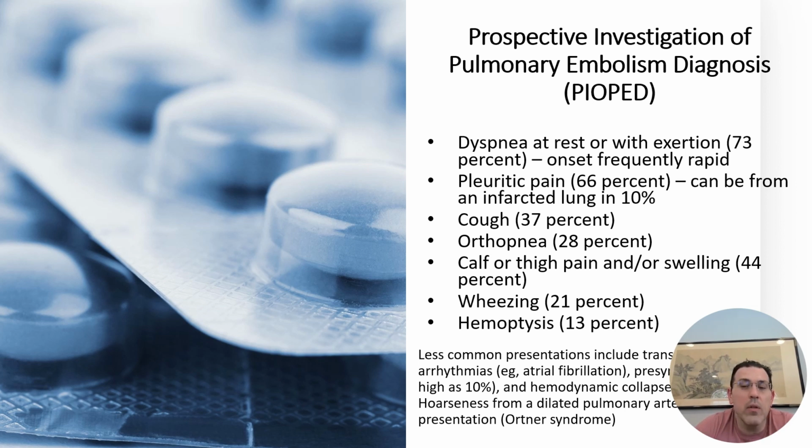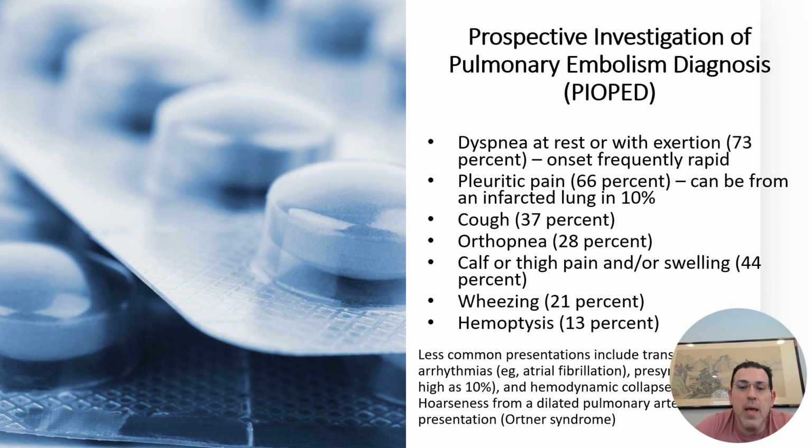Of course, this is a prelude to DVT, which is what an individual likely has in their lower extremity. That's important because I'll present some information showing that approximately one-third of individuals with a DVT have an asymptomatic pulmonary embolism. So it's important to keep in mind.